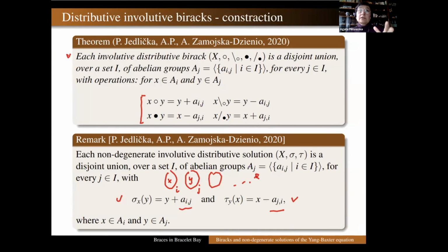We have to find all partitions of this number n, define all abelian groups of appropriate cardinality, take their generators, and we can construct such solutions. We also can formulate the isomorphism theorem in this case, so we are able to recognize which of such solutions are isomorphic or not.